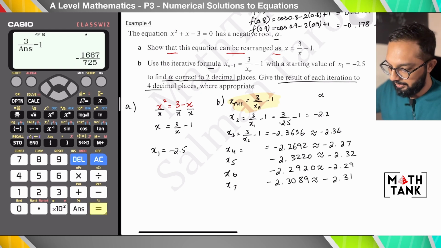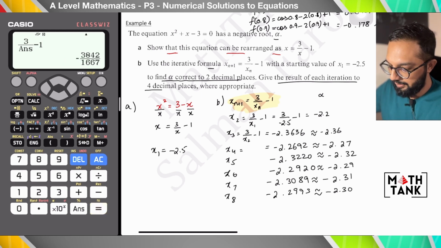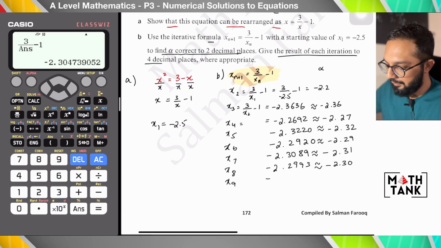I'm going to press another equals: x8 is minus 2.2993. That gives me minus 2.30. Press another equals: minus 2.3047. So that rounds off to minus 2.30.